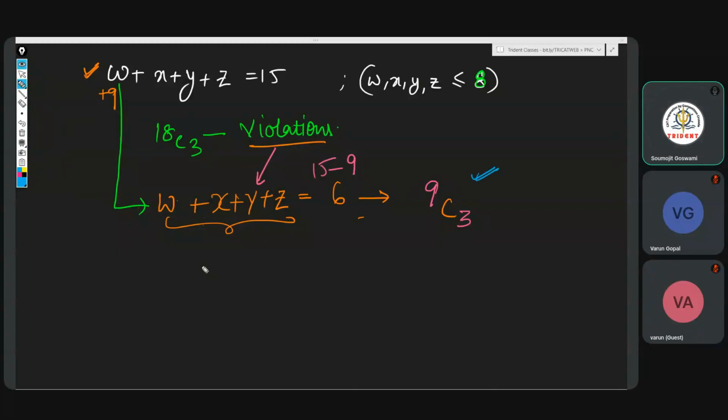So the answer is going to be 18C3 minus 9C3, but everything is perfect. There was one mistake. This is one of the possible cases when I have taken 9 from W. I can similarly take 9 from X, and similarly from Y and Z. So that means this 9C3 will be counted 4 times. For each individual variable, I can take this out.